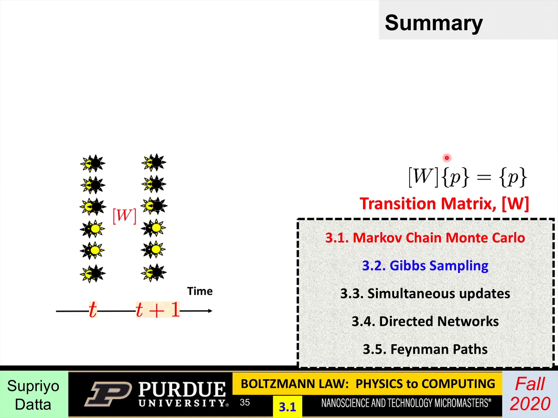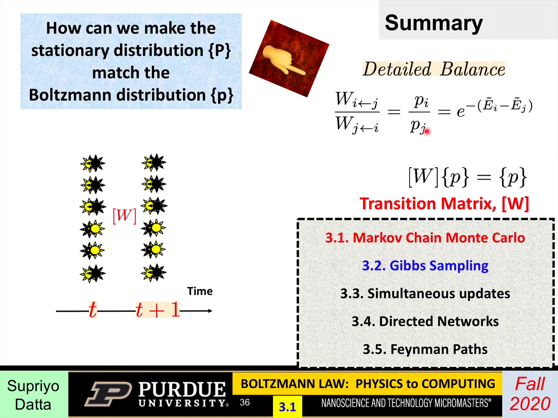The way we can ensure that we get the correct Boltzmann distribution is by requiring this detailed balance. And at the end I mentioned this Metropolis algorithm that is often used.